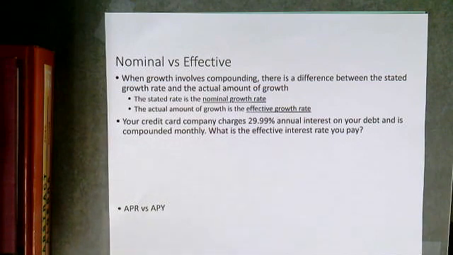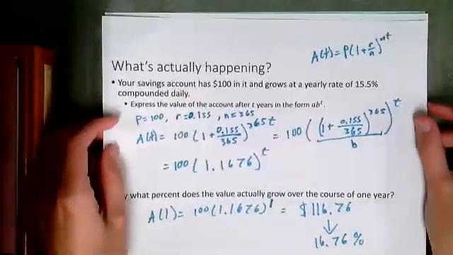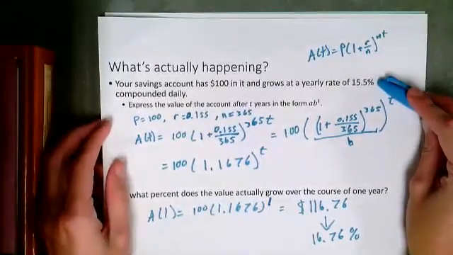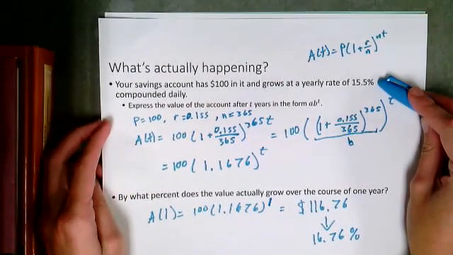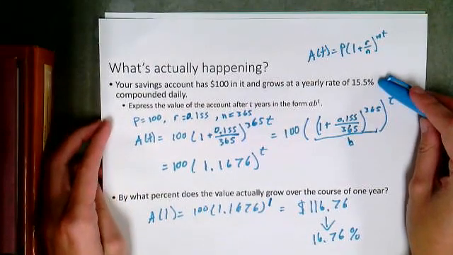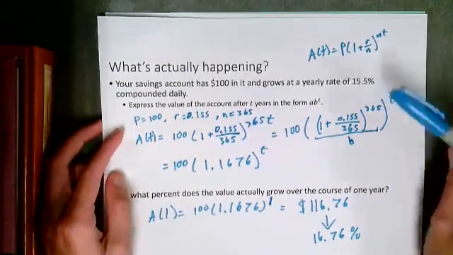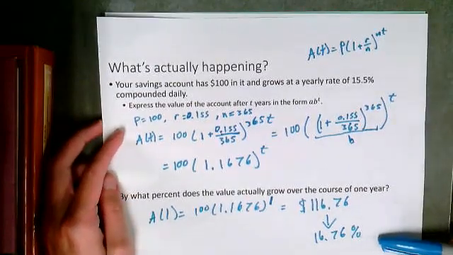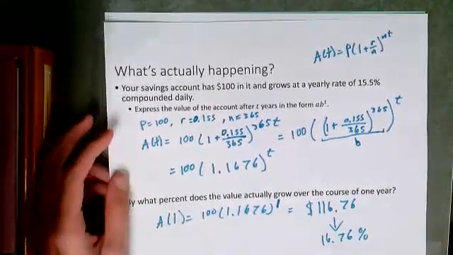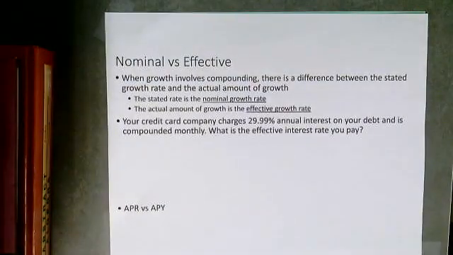The stated growth rate is the nominal growth rate. Then the actual amount of growth is the effective growth rate. Looking back real quick, it's stated that we grew at 15.5% compounded daily, right? So that's the stated growth rate. And then how much does it actually grow over the course of 1 year? It grows by this much, right? Looking back to that example.